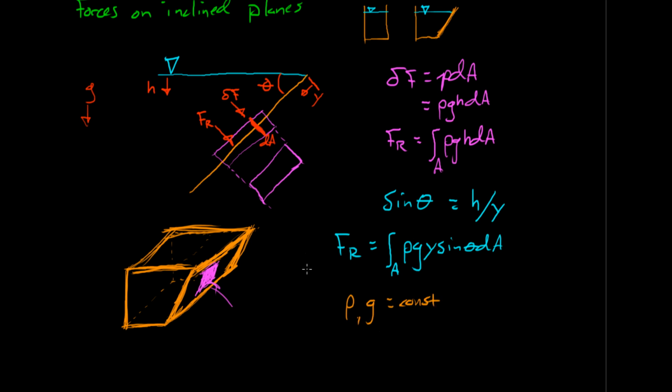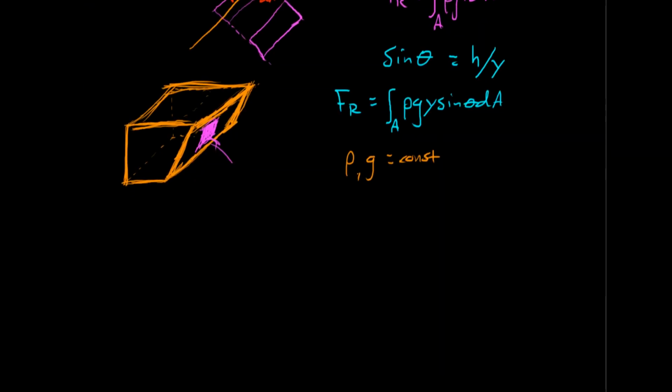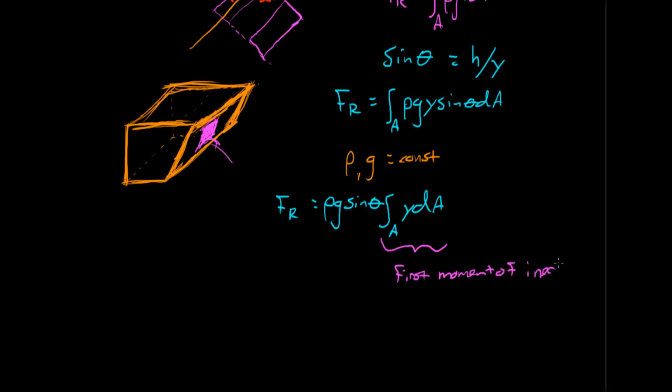That lets us pull them out of this integral, which leaves us with the reaction force being equal to rho g sine theta times the integral over the area of y dA. Now this might look familiar to you. Have you seen this before from your solids courses, maybe a dynamics course? This has a name. This is the first moment of inertia.